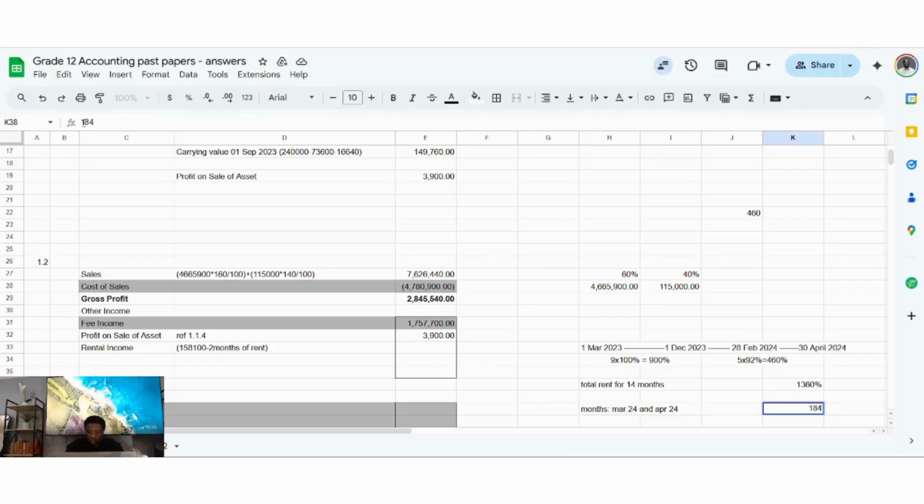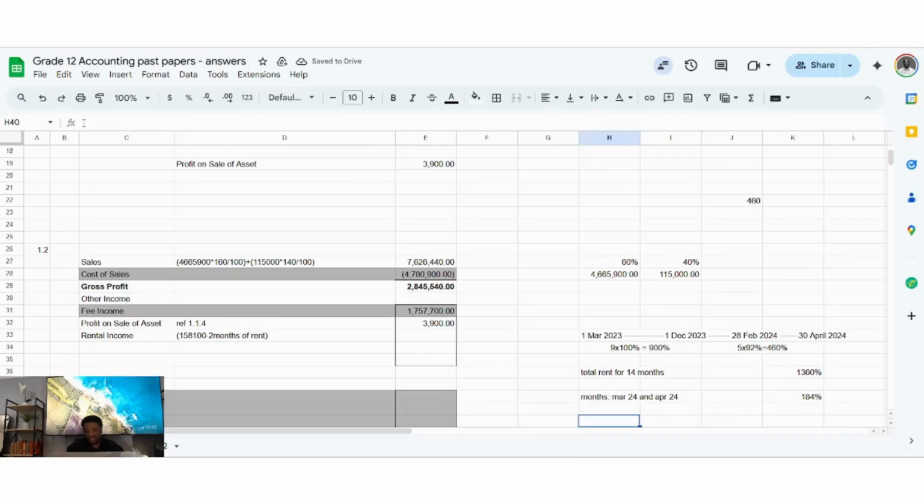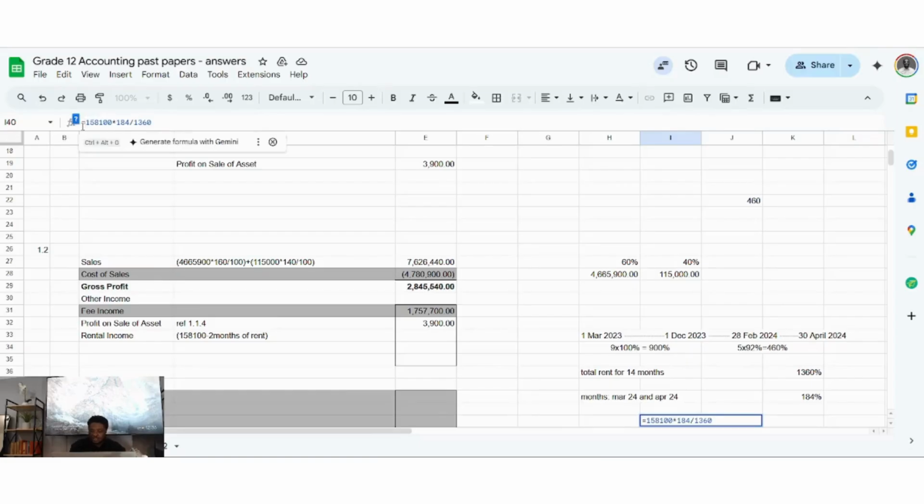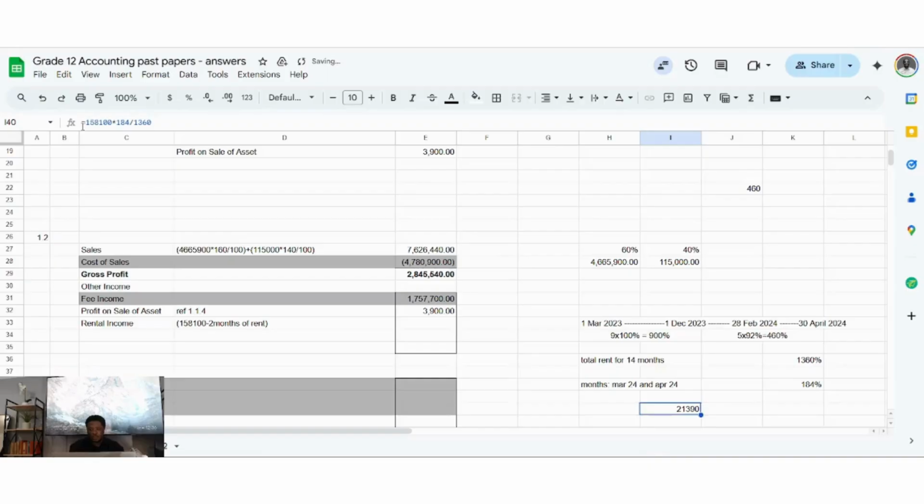So we basically want to take out 184% in this case, and to work out that 184%, we just say, well, 158,100 multiplied by 184, which is basically the rent for 2 months that are outside the financial year, divided by the total amount of rent that had been received, which is 1360, and then that will give us the monetary amount of 21,390.